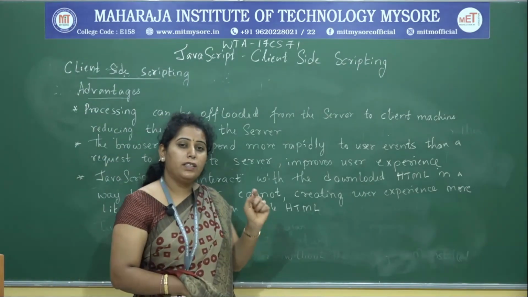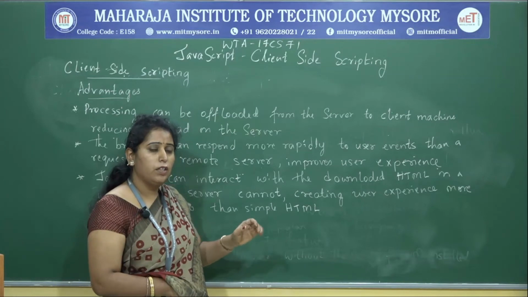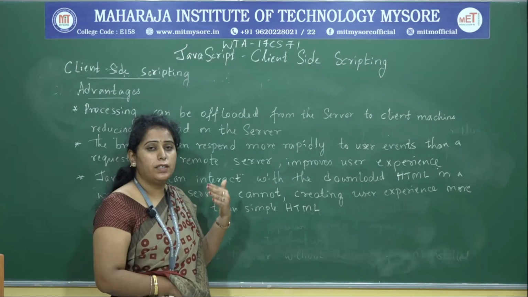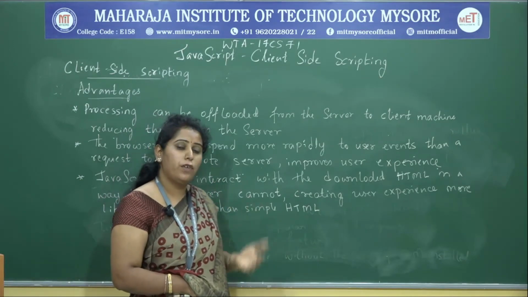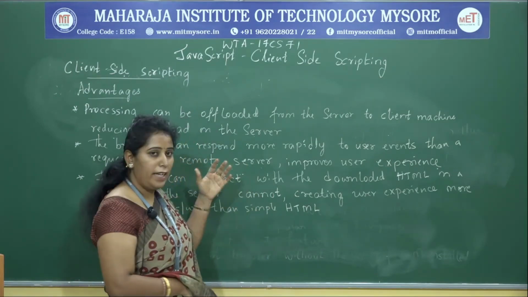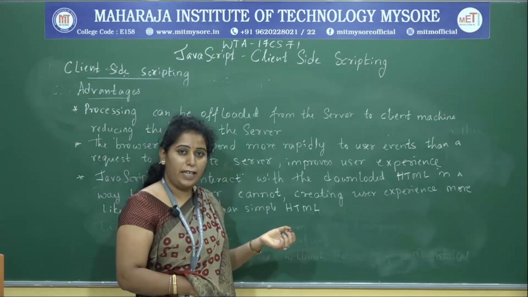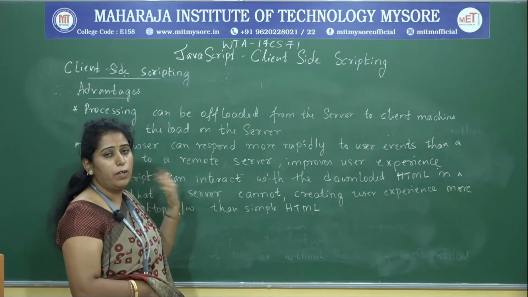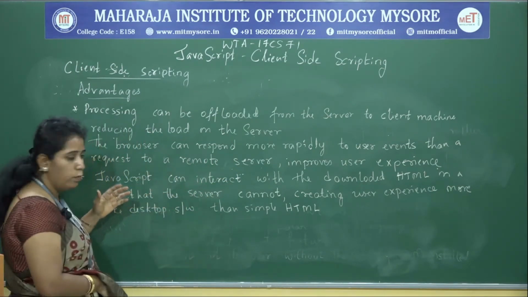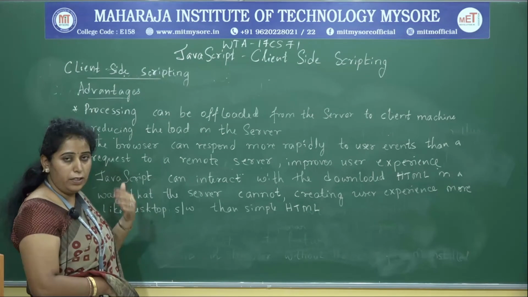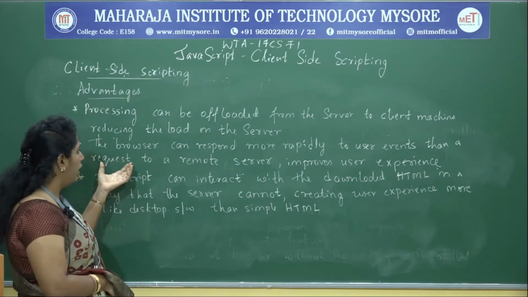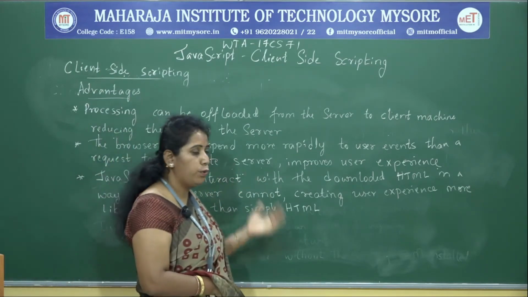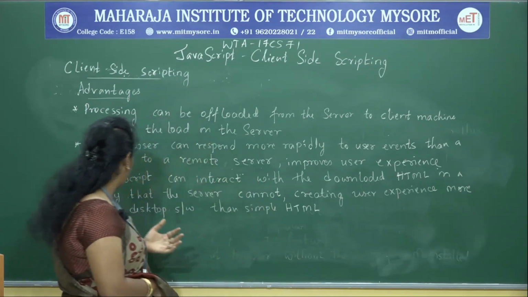Once a result has been provided, for every iteration there is no need to request the server; it can be operated through the browser only, for any number of events. It provides results rather than requesting a remote server. So this improves the user experience.